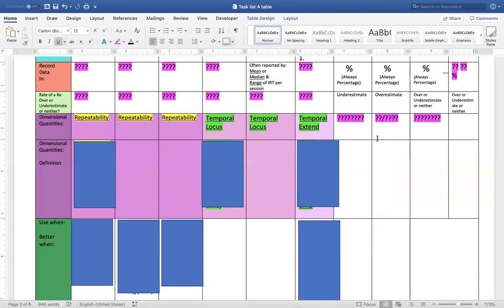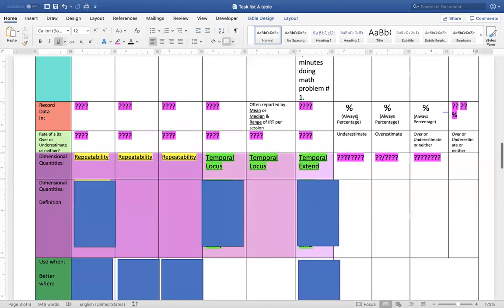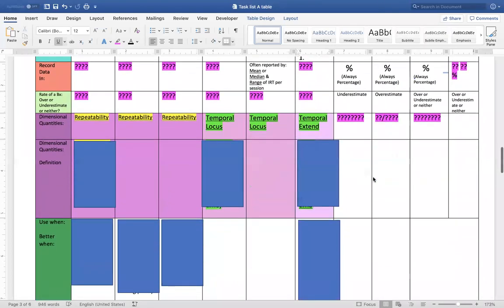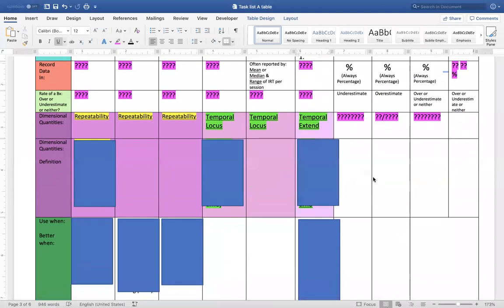So this one, I didn't put anything in it. The whole interval recording, partial interval recording, momentary time sampling, I didn't know. If any of you find it in your research, we just plug it in and then we have the whole information together. Do you have this on Google Docs?